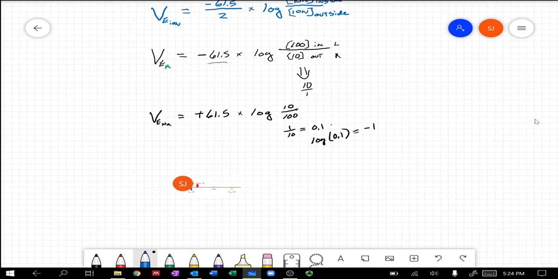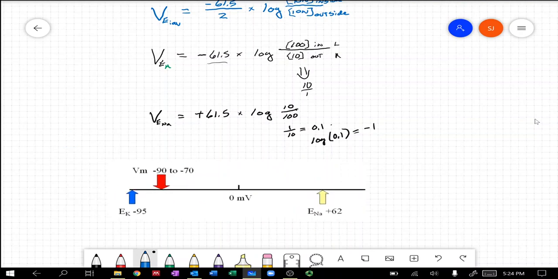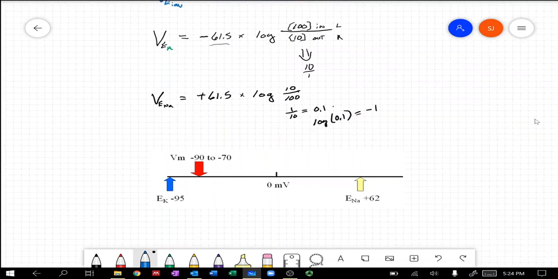So we just did a resting membrane potential for a couple of values for sodium and potassium. And these are equilibrium potentials. If we use physiologic values, we're going to come up with a slightly different number here. And I'll show you some ion concentrations, and we can talk about that a little bit more as we progress with this idea.